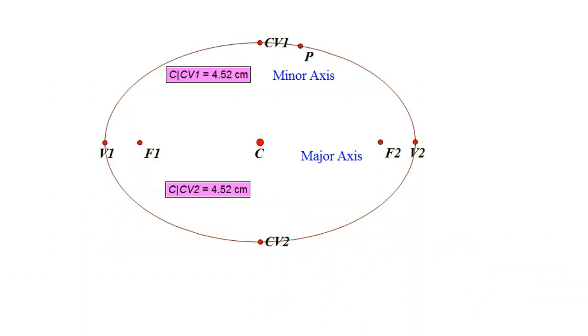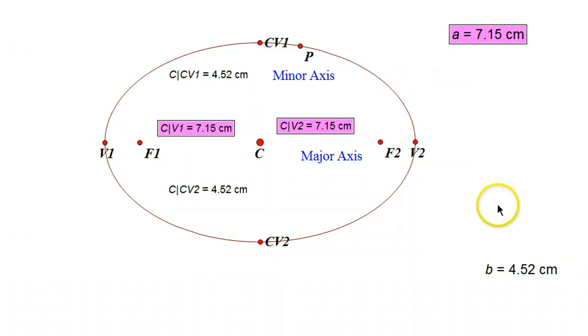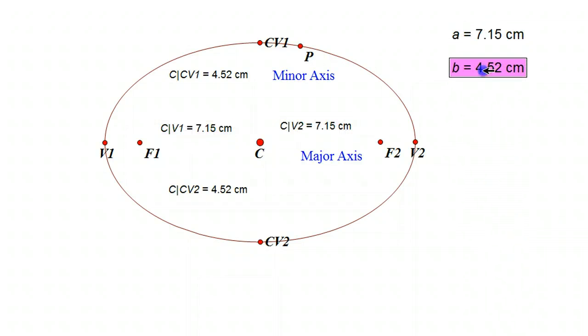So let's label that value b. So now we have two values, a and b, which define the distances between the center and the vertices and co-vertices. Let's see what happens when we do a simple calculation.